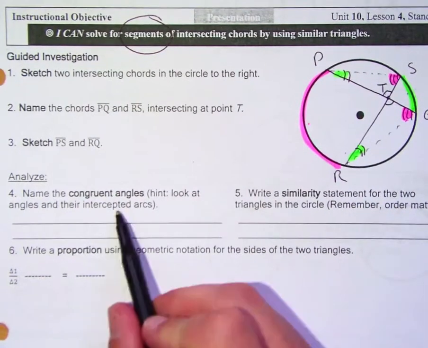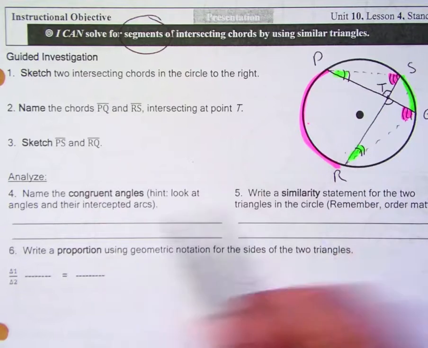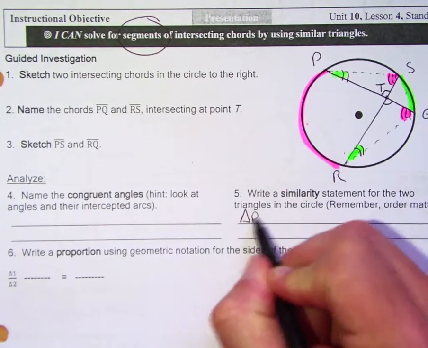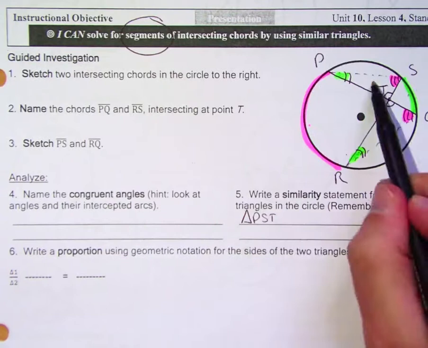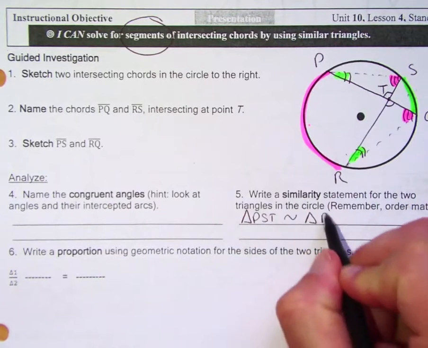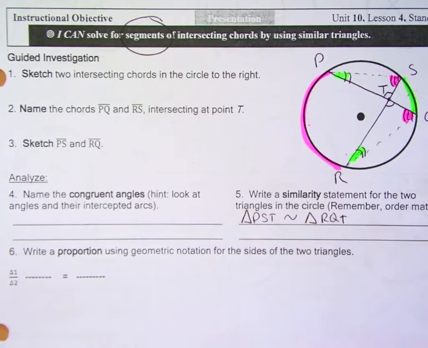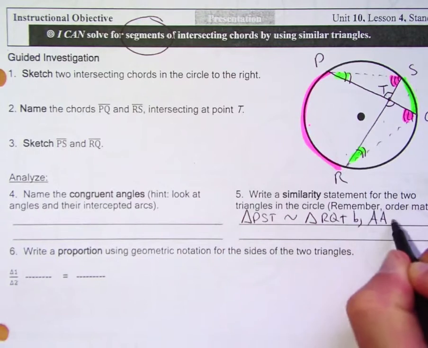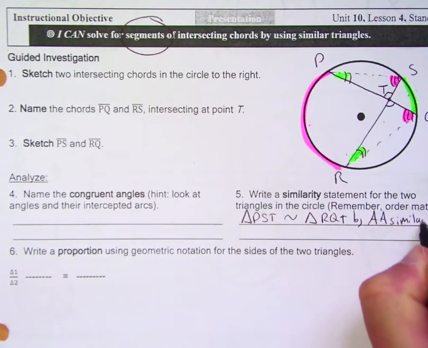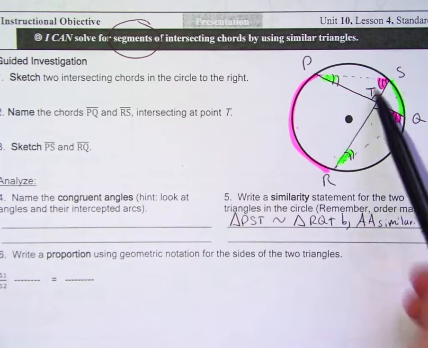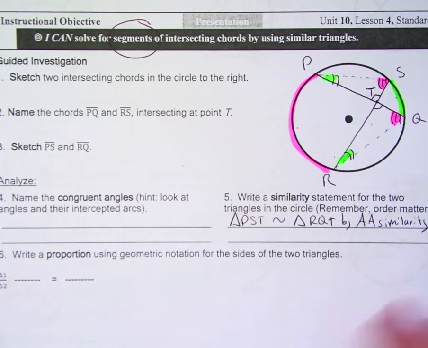I could say the different angle pairs that happen to be congruent. I'm going to skip that for time and just say the triangle PST up here is similar to triangle RQT right here by angle, angle similarity.